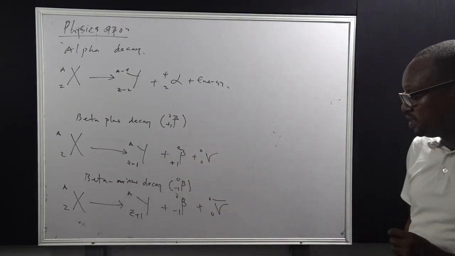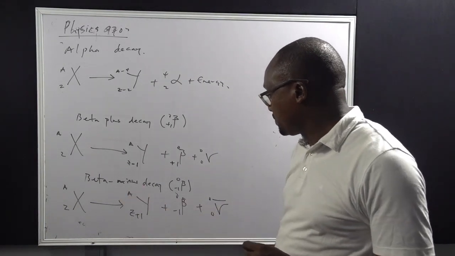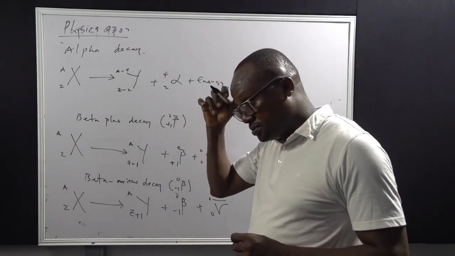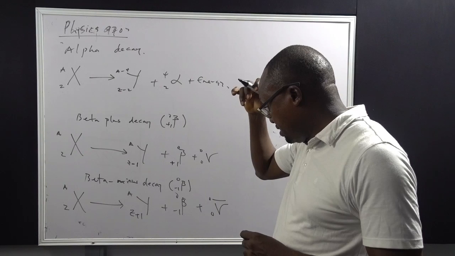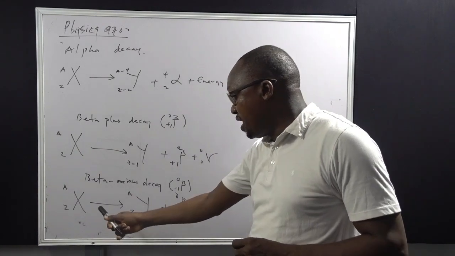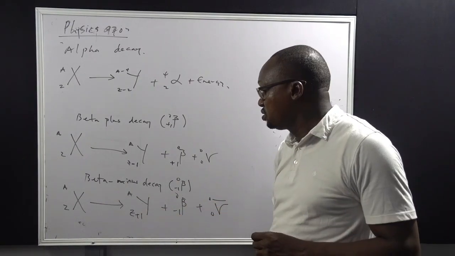And whenever one of the down quark changes to an up quark, during the decay of a neutron, the beta minus will be produced.